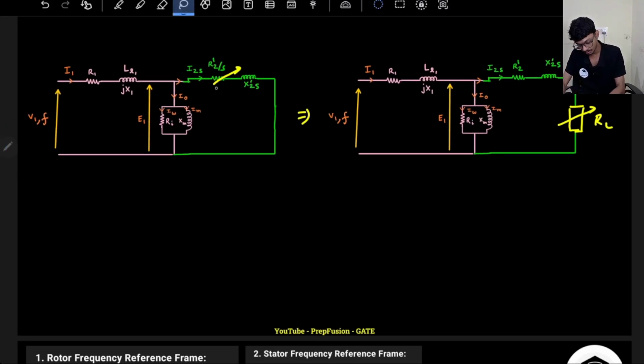So can I equivalently write this? How can I write it? I know what is the equivalent resistance seen from here, because the reactance is not changing, only the resistance is changing. What is the equivalent resistance here? If you see, it is R2 dash divided by S. What is the equivalent resistance on the second circuit? It is R2 dash plus RL. So from here, can you find out what is the value of RL?